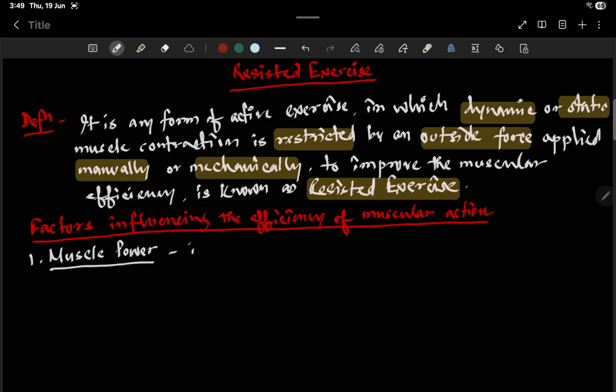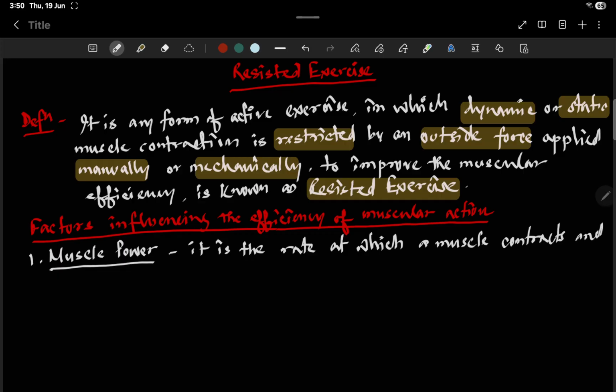So what is muscle power? It is the rate at which a muscle contracts and develops force throughout the range of motion.